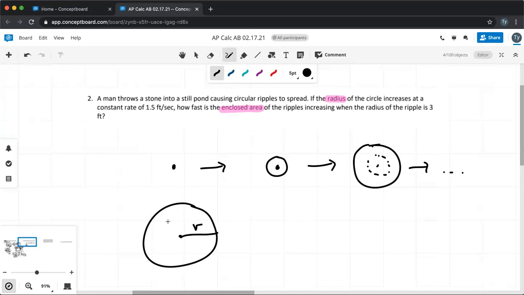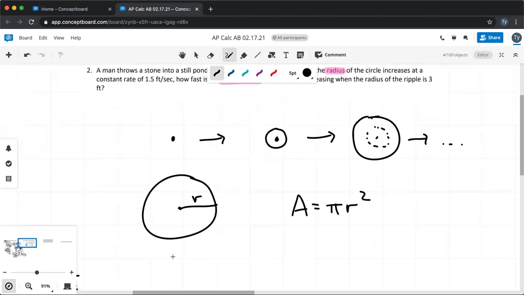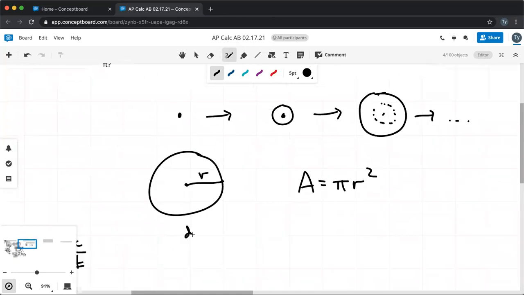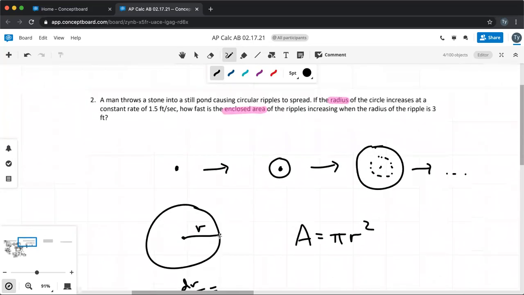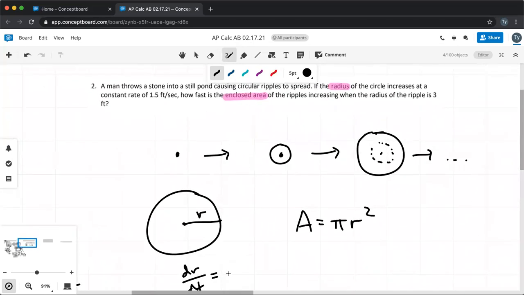And we can represent the area of a circle with the equation area equals pi r squared. We know the rate of change, dr/dt, equals the rate of change of the radius, dr/dt equals 1.5 feet per second.